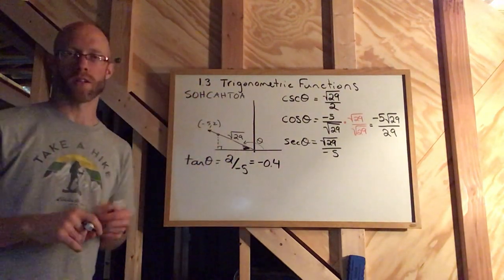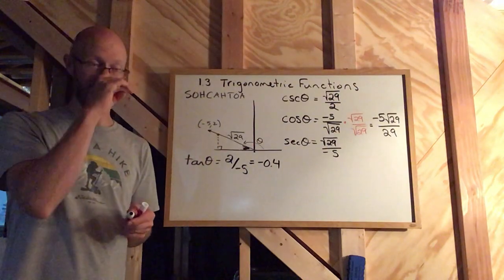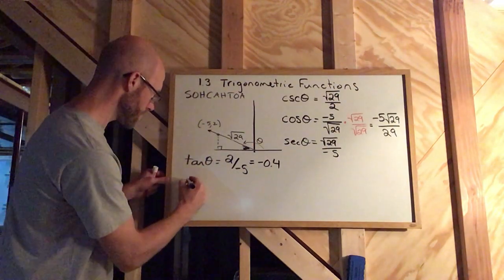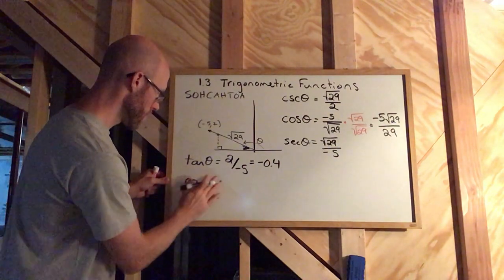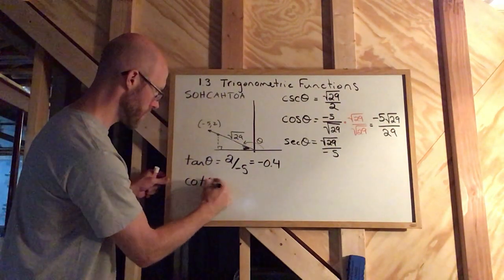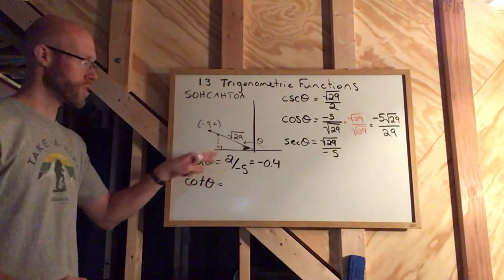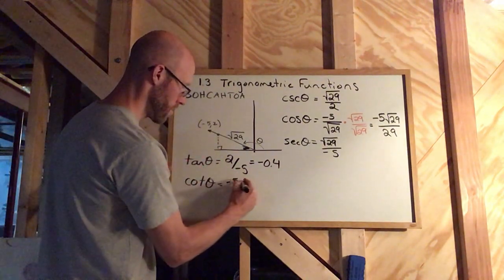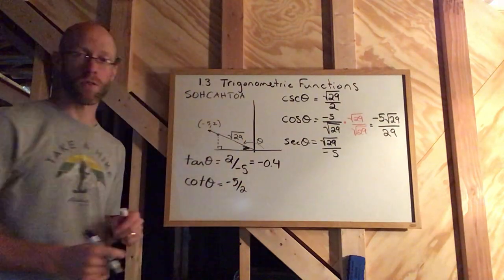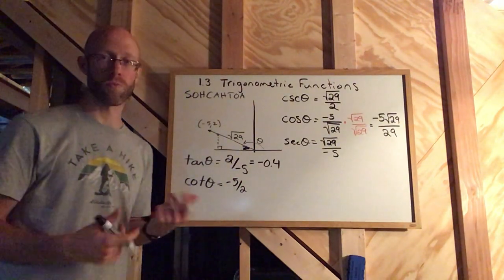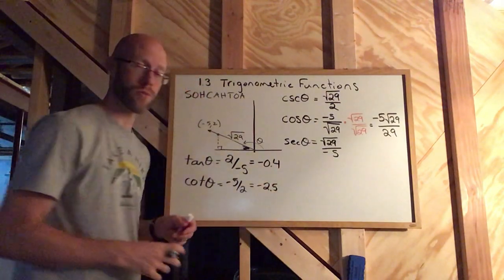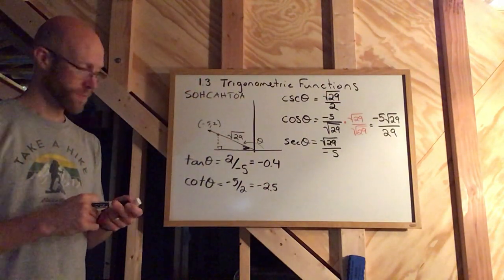Okay, so that's our tangent if I wanted to simplify that. Or -2/5, however. And then the cotangent, COT. Cotangent is the reciprocal of this, so you flip that and you get -5/2. And of course 5/2 is really 2.5. So we call that -2.5 if we wanted to.